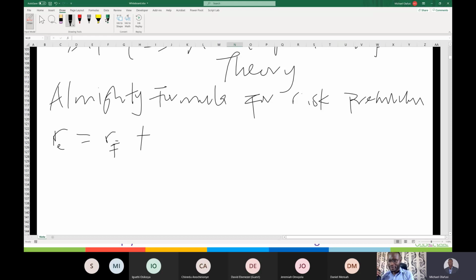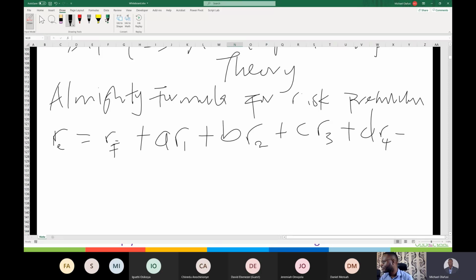The almighty formula says that normally we use the Greek letters alpha, beta, but I don't even know all the letters, so let me just use A, B, C. So risk coefficient A for risk factor 1, B for risk factor 2, C for risk factor 3, D for risk factor 4, and as many factors as you want to consider.